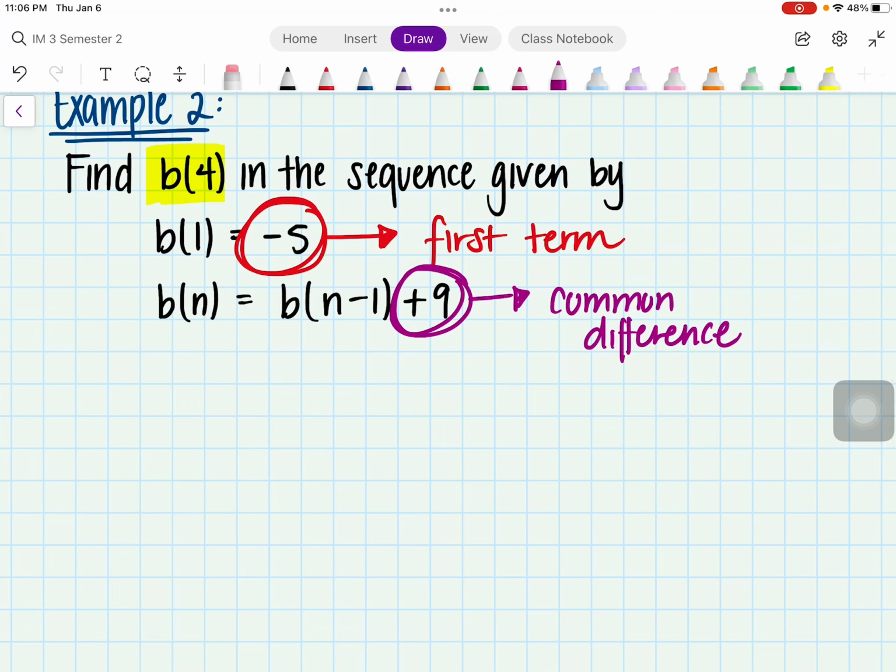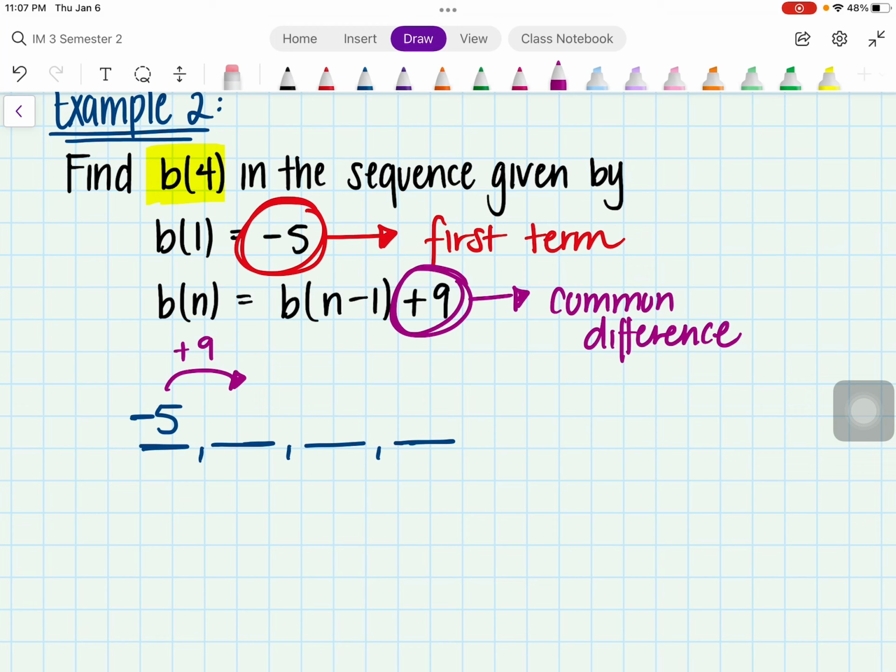All right. So in this case, guys, if we want to find the fourth term, once again, let's go ahead and just draw 4 lines here, because I'm only looking for 4 terms. My first term in this case, guys, is -5. And by how much it's changing each time is that I'm actually going to be adding 9. Adding 9 to the previous term.